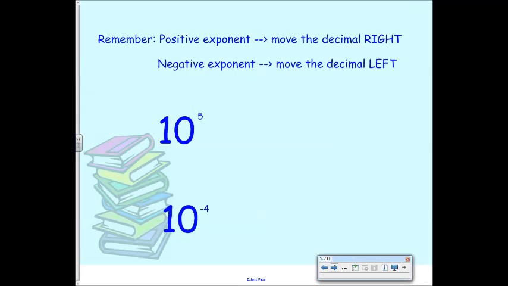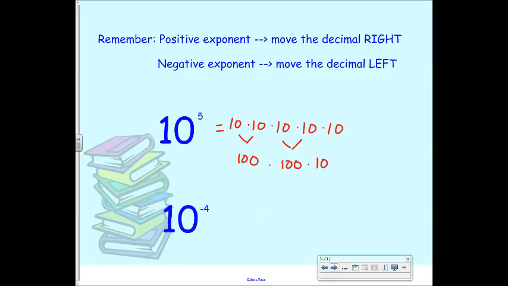Okay, so how would I write 10 to the 5th? It would look like 10 times 10 times 10 times 10 times 10. What's 10 times 10? 100. What's 10 times 10? And then I've got another 10. Okay, what's 100 times 100 times 10? 100,000.